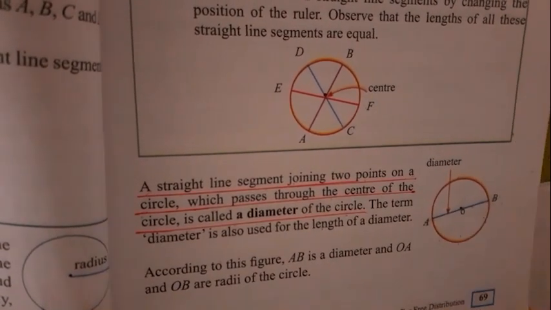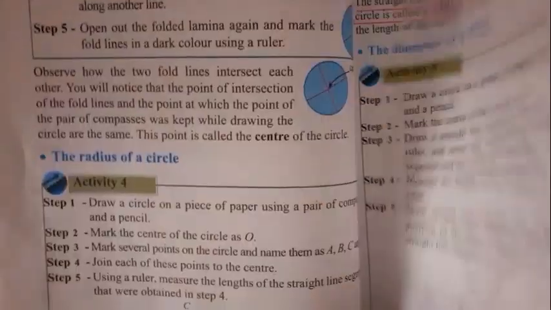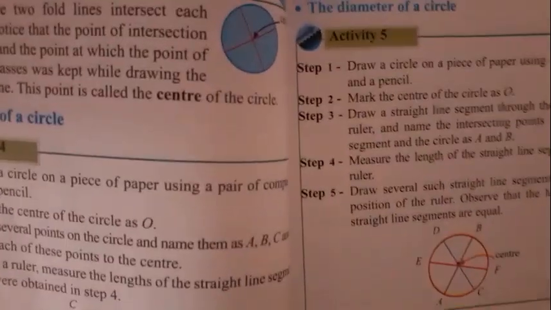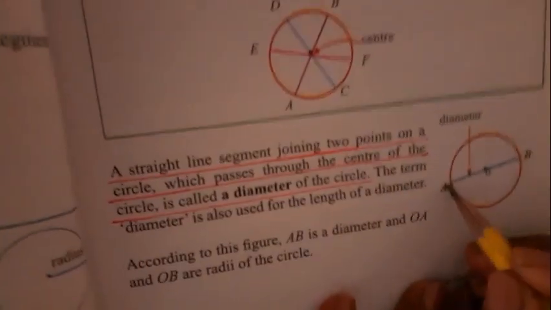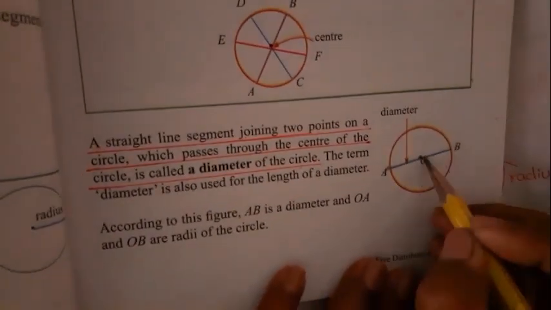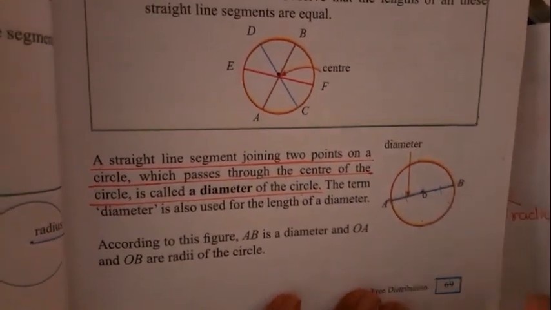You can see. Now turn to page 69. From here to here, the distance from A to O and O to B are equal.